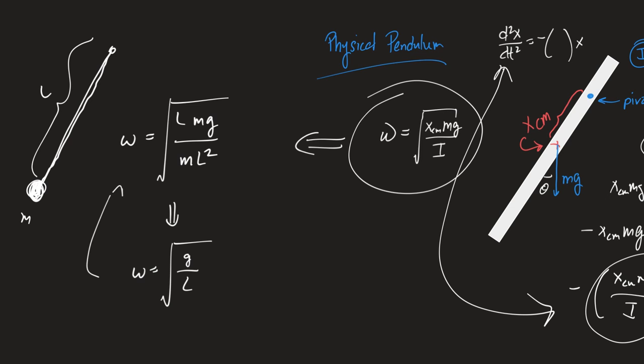Let me show you an example of how you might have to do this in class. I have a rod of mass m, length L. I hold it perfectly horizontal.